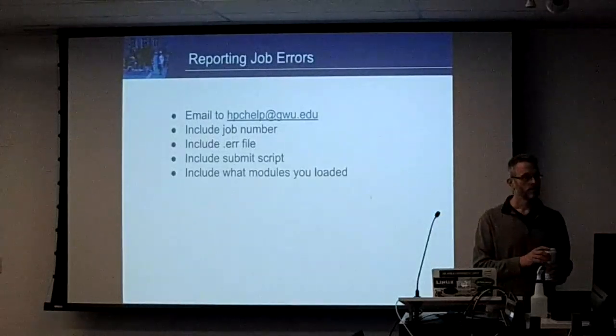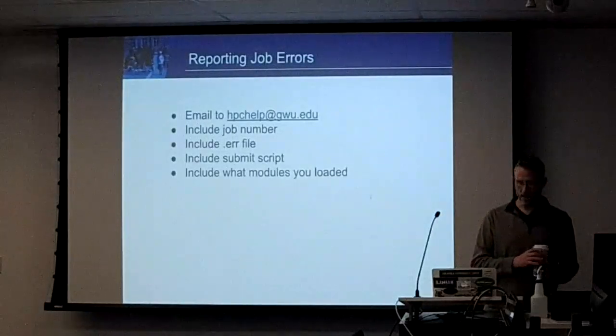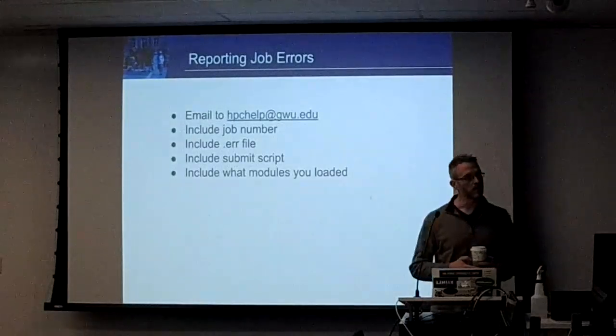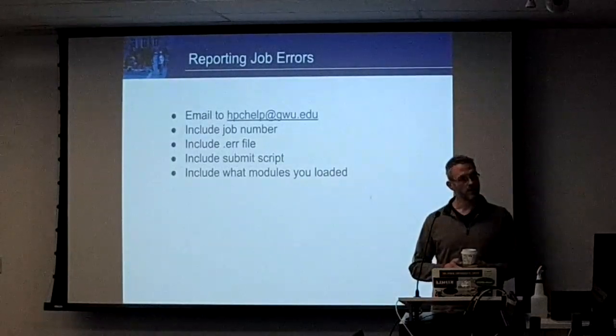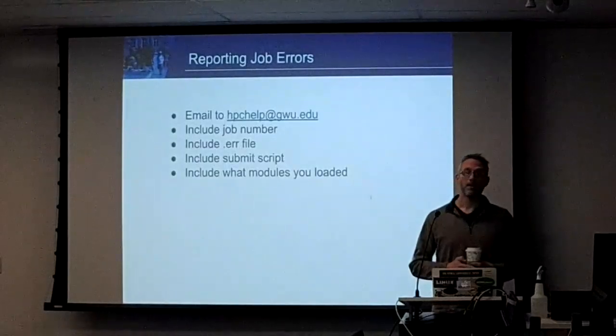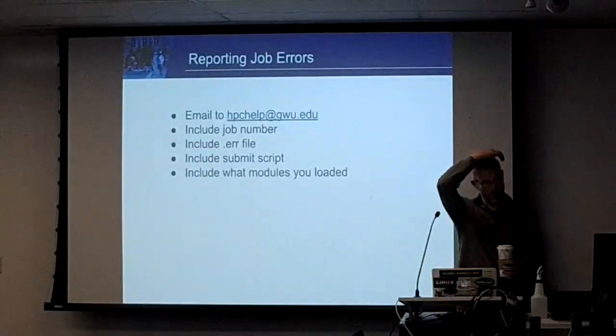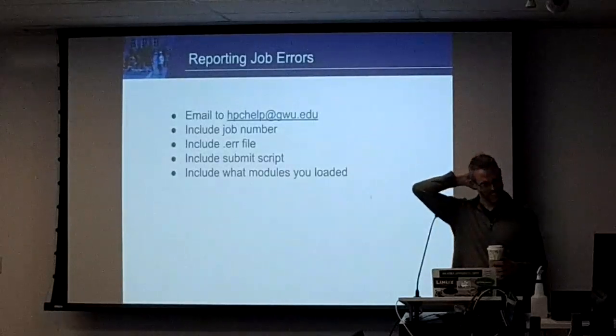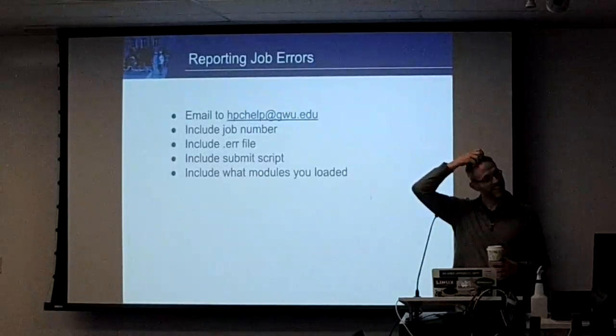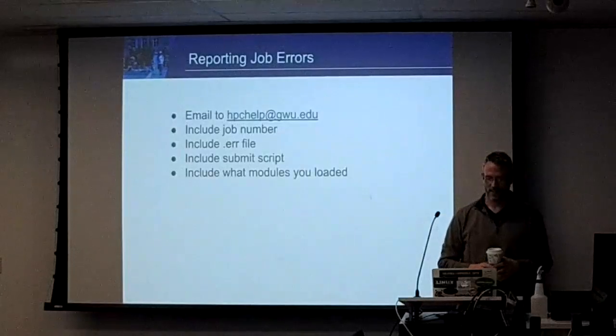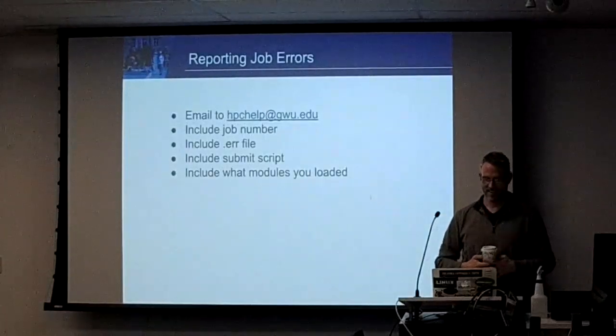I said we're out of time. All right, so that's good actually, because this is going to be part 2. We do now. We never do reporting job errors. They're a bright group. They could probably figure it out from the slides. It's okay.